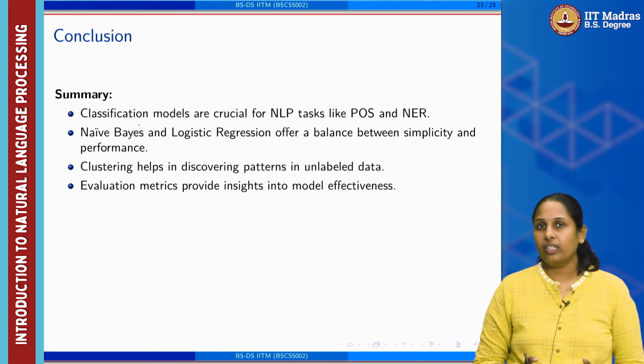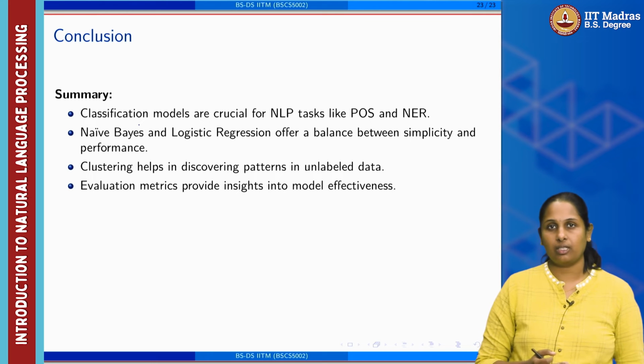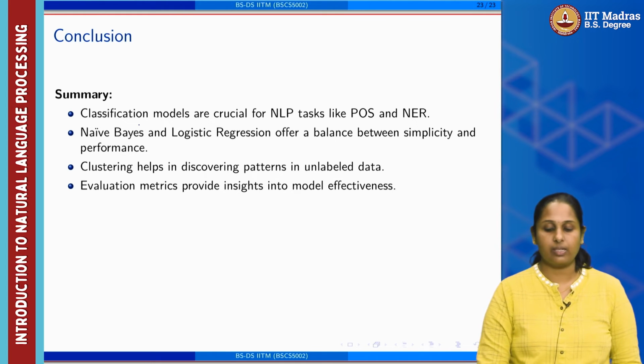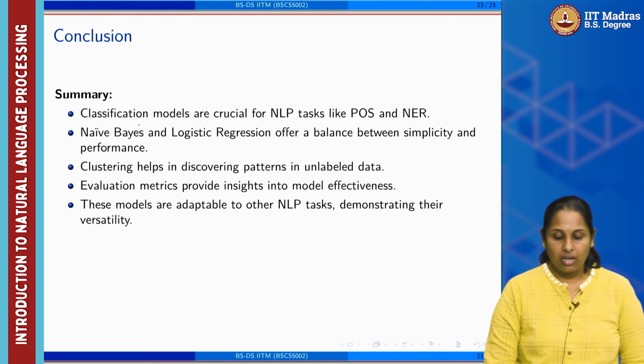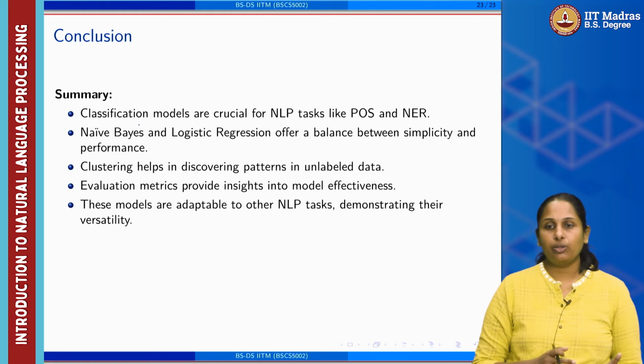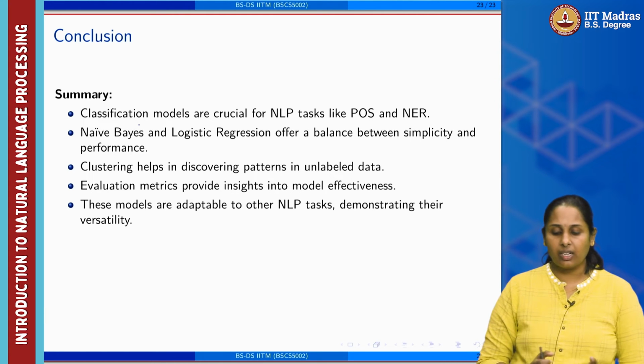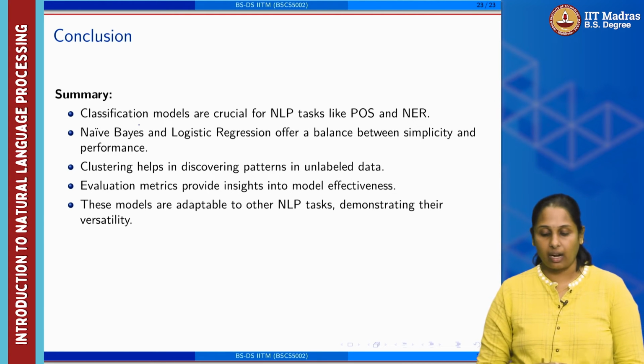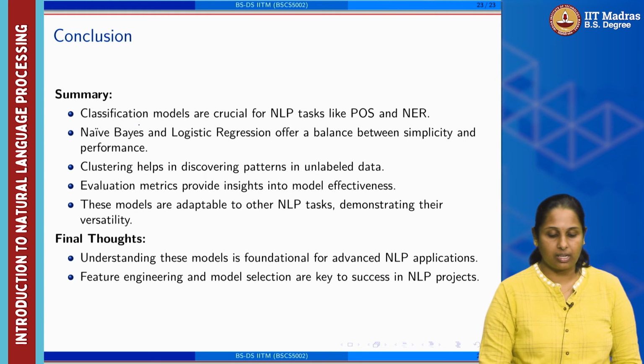Evaluation metrics are more or less the same whether the method is statistical or classification-based, and they help us measure effectiveness. These models are not only used for POS and NER; they are adaptable to any other NLP task because of their versatility.